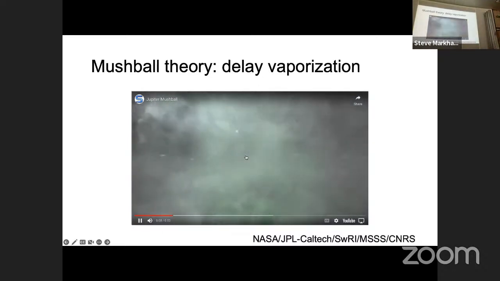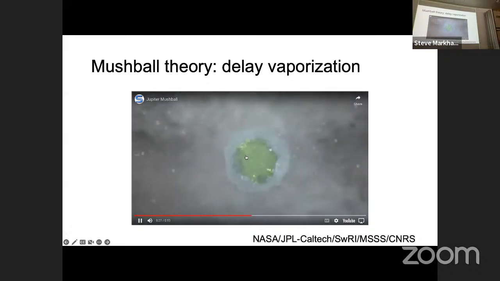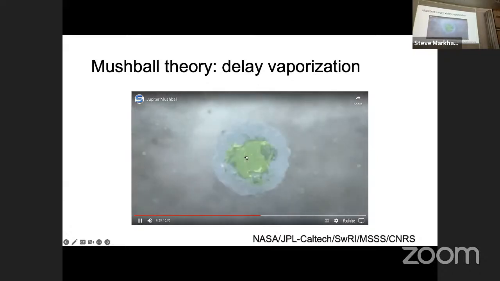What you're seeing here is an ammonia raindrop falling. And as it falls, it absorbs water from its surroundings, which acts as a way to prevent vaporization. And then it begins to acquire an ice shell as it continues to fall, and water begins freezing around it.